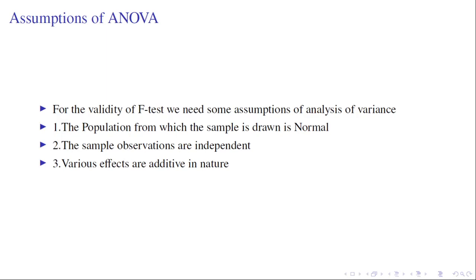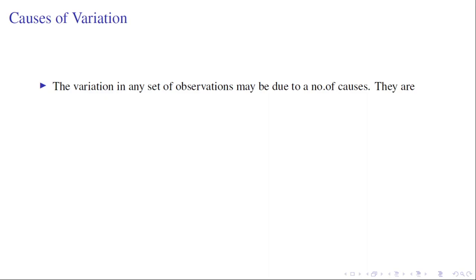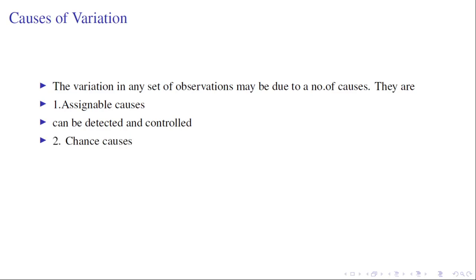Let us discuss the causes of variation in any experiment. The variation in any set of observations may be due to a number of causes. The first one is assignable causes. These assignable causes can be detected and controlled. The second type of cause of variation is chance or random causes.